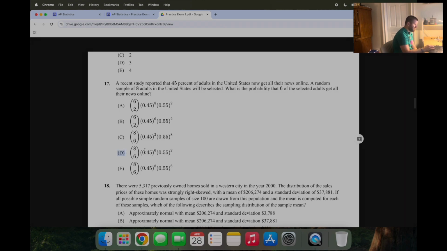This is the only answer choice where 0.45 is to the 6th power and we have the correct combination formula at the beginning. And so really quickly, I'm able to cut down 2 answer choices because the first part's wrong. And then from the remaining 3, all I'm looking at to distinguish the correct answer is what has the correct probability raised to the correct power.